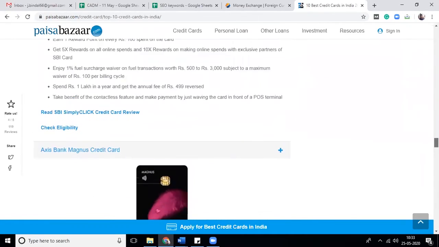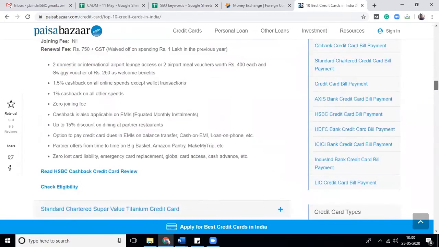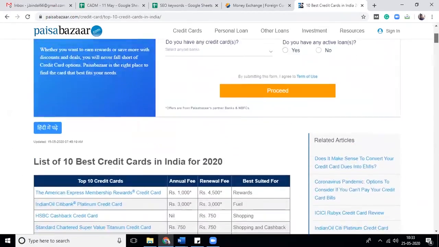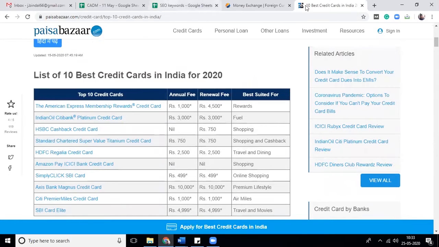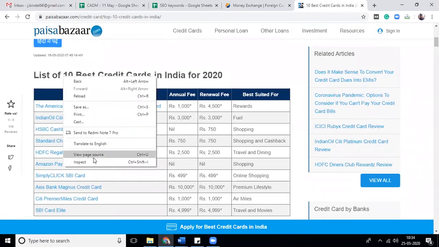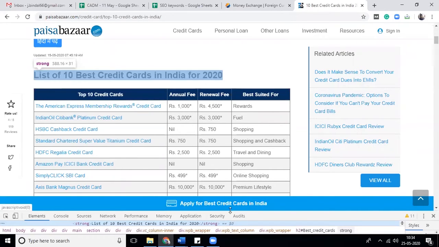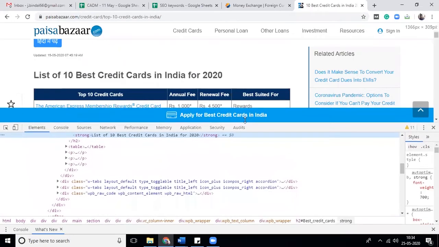There are different titles in it. The first title is over here: The 10 Best Credit Cards in India 2020, where SBI and all is written. Then this is H1. If I inspect the element even, show my screen here.